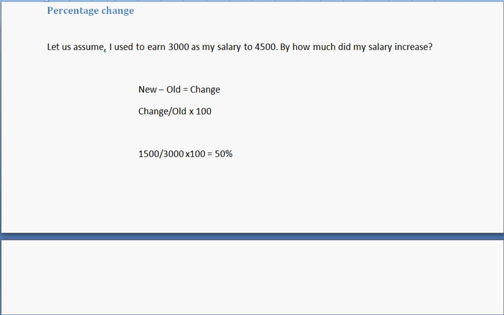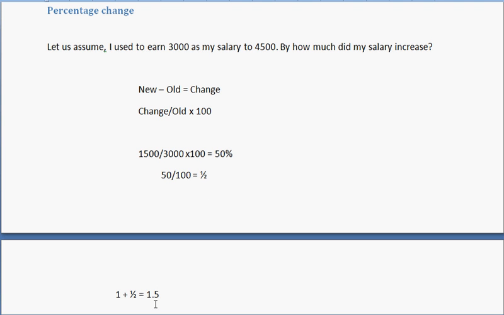Or can we say that our salary increased by 50 by 100, right? Which means my salary increased by half, right? So if initially it was 1, now it becomes 1 plus 1 by 2, right? Which means it becomes 1.5 times the original salary, right?